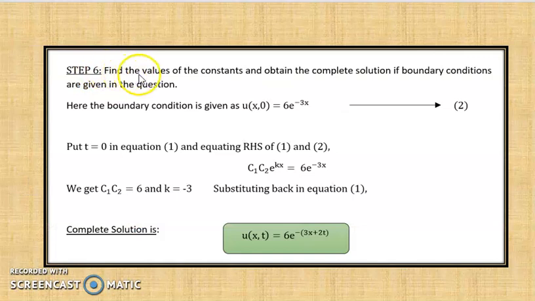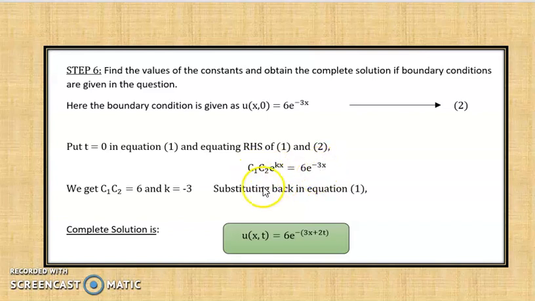Step 6 is find the values of the constants. Here the boundary condition is given as u of x, 0 equal to 6 e raised to minus 3x. That is when t equal to 0, u is 6 e raised to minus 3x. Then put t equal to 0 in equation 1 and equate the right hand sides of 1 and 2. That is c1 c2 e raised to kx equal to 6 e raised to minus 3x.